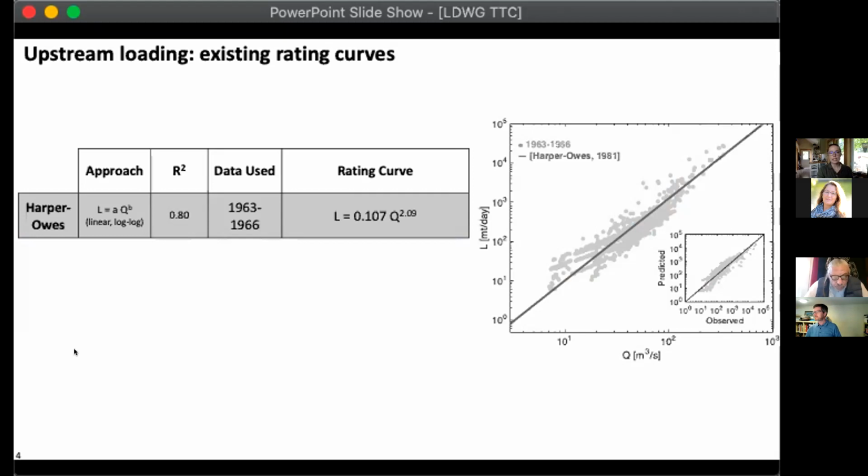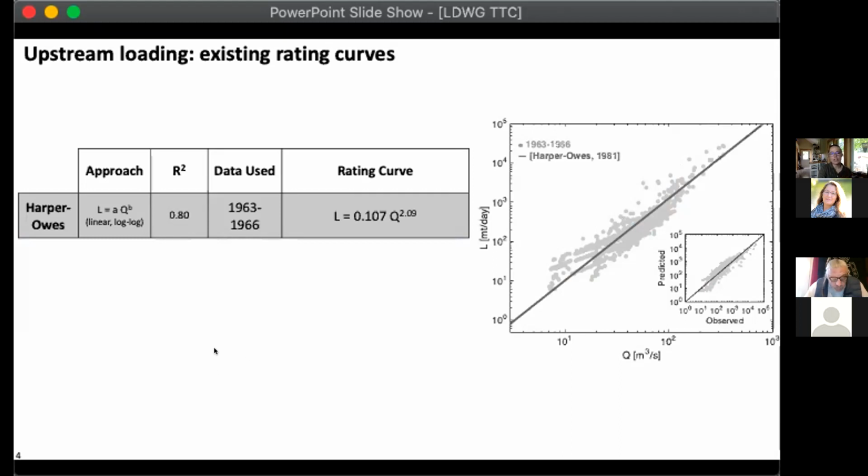By visual inspection, you can see that the rating curve does pretty well, and it has an R-squared of 0.8, and R-squared is a measure of how good the fit is, or how closely the rating curve matches the available data. An R-squared of 1 would mean that all of the data points land perfectly on the line and that your model is perfect.